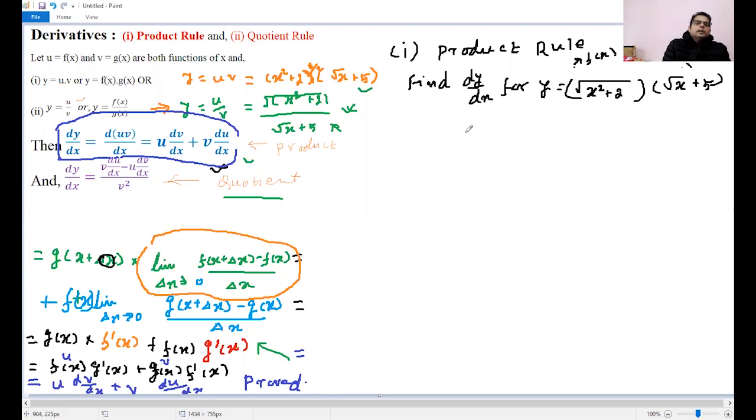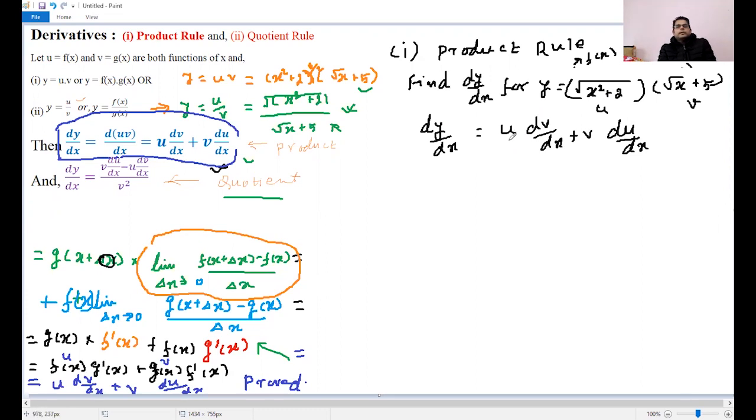So in order to explain the application of this product rule, let's find dy/dx for this function. You can see this first is a function of x, that is in the form of u, and this is again a function of x, that is v, and you know the dy by dx formula in this case that we have just seen is u dv by dx plus v du by dx. It means no derivative for u but derivative for v, plus nothing for v but derivative for u.